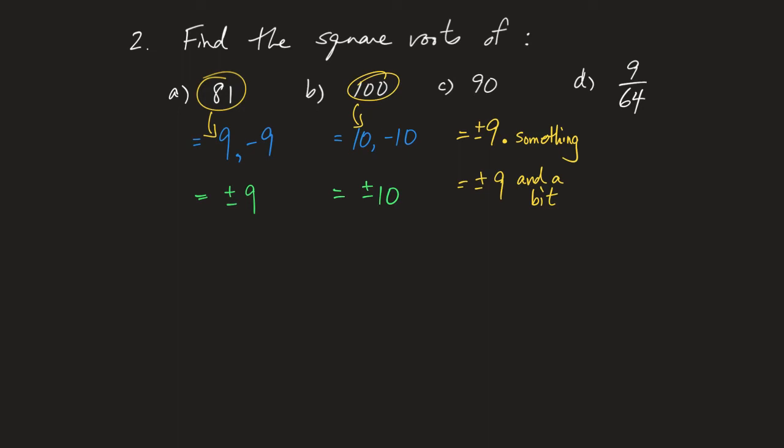Okay, what are the square roots of 9/64? Well, I'm looking for a value that I can write as something squared that gives me 9/64. Okay, I have a fraction as my answer, so it's probably pretty fair that I might have a fraction now.